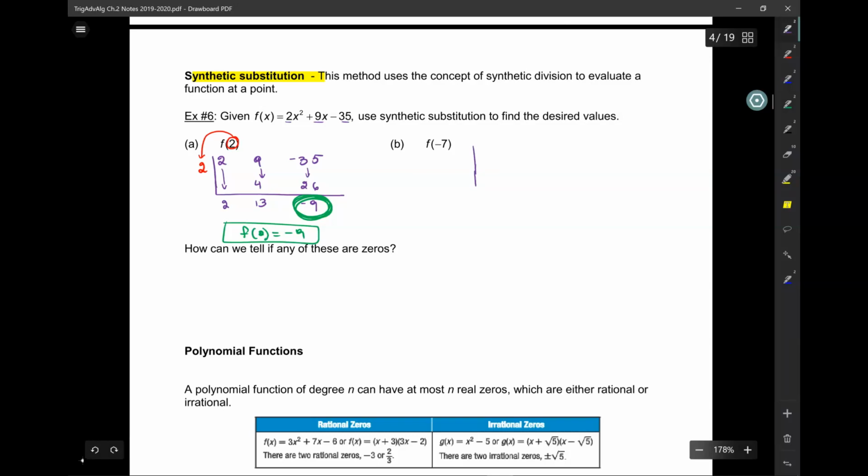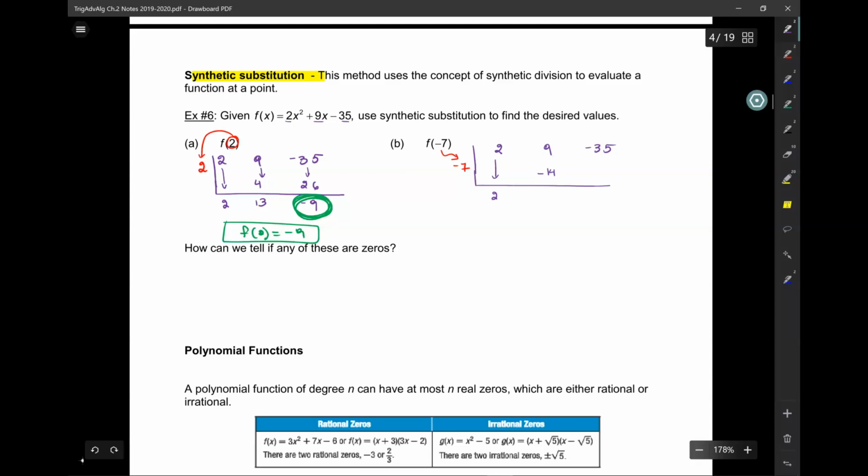Same deal. 2, 9, -35. Outside, I'm going to put -7. Okay, that number, 2, comes down. Multiply by the outside number, I get -14.